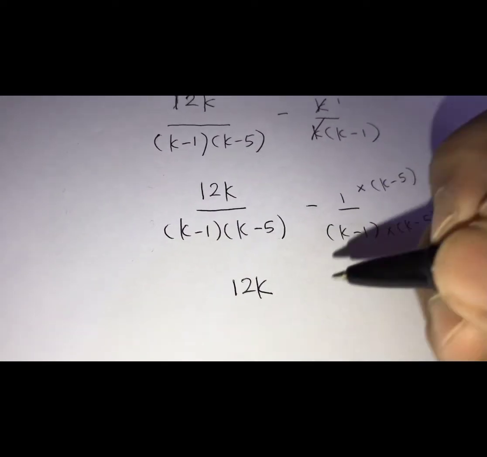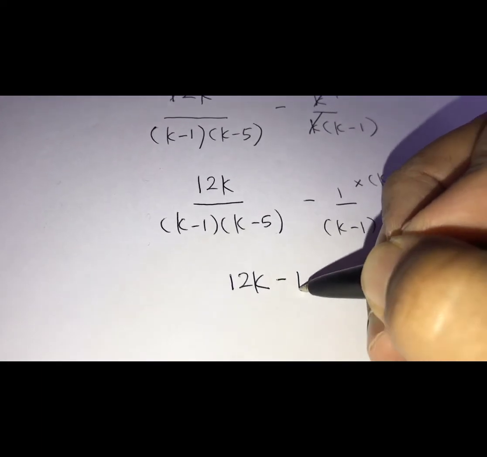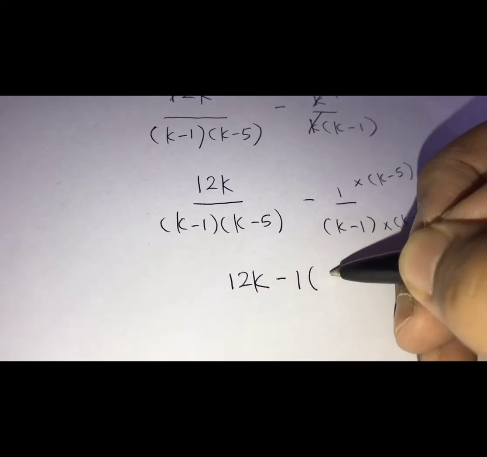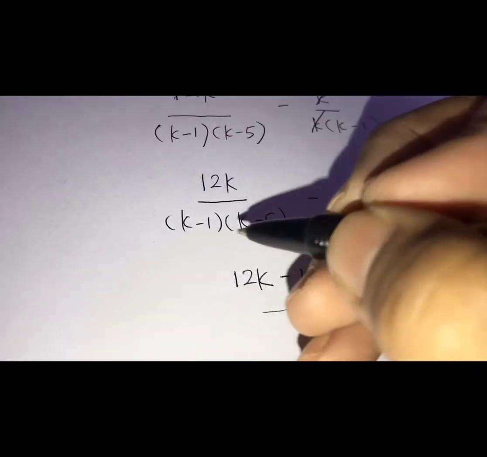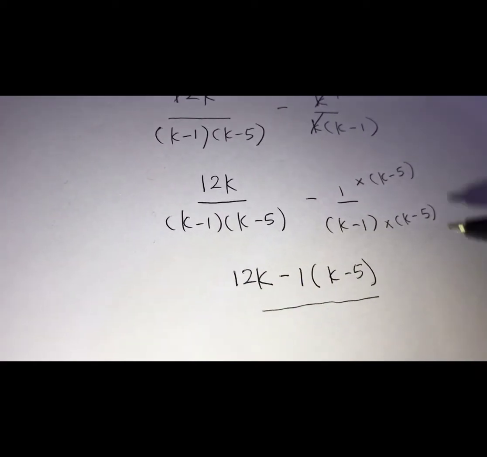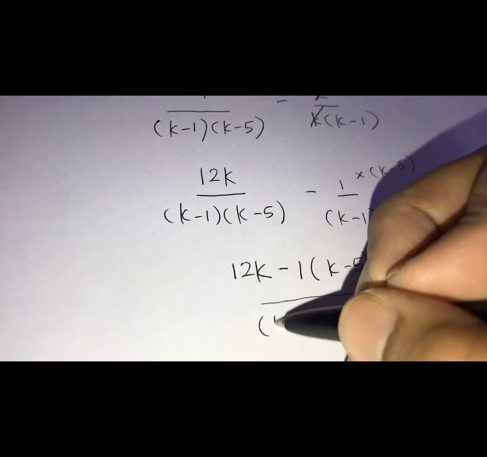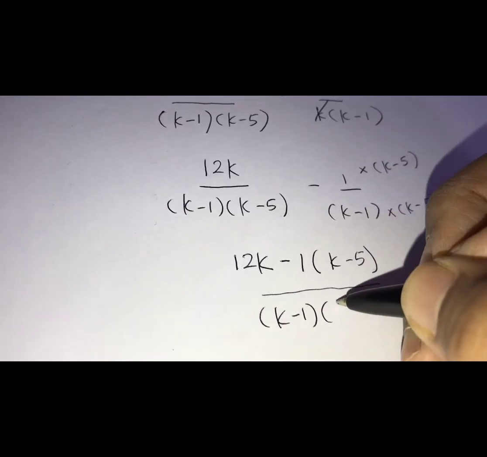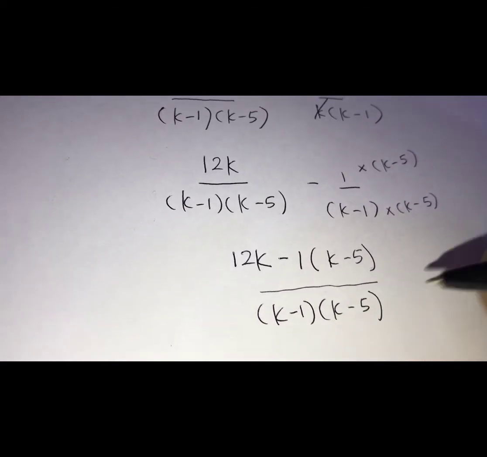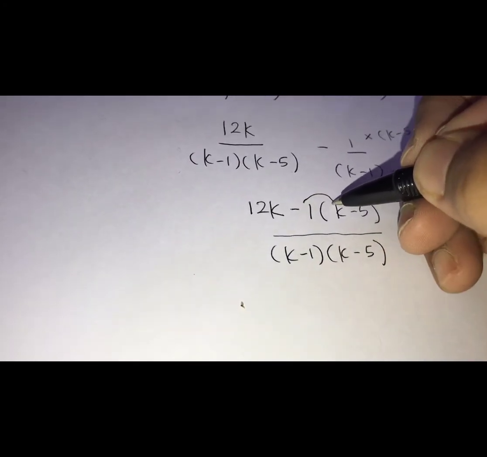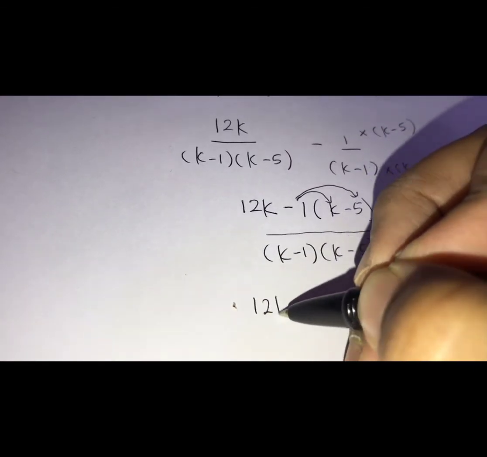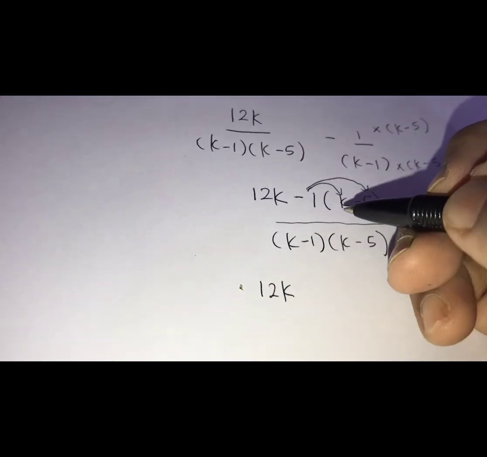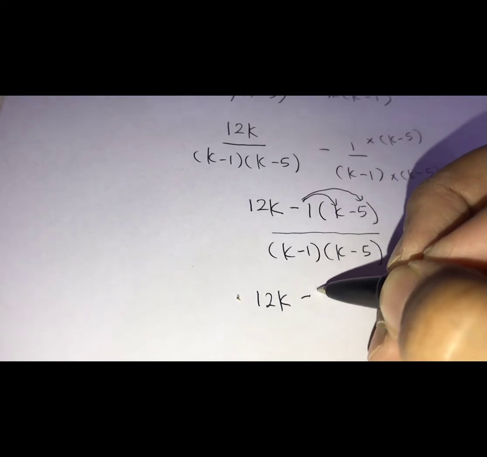Then you write 12k minus 1 open bracket k minus 5 over, copy this one, k minus 1, k minus 5. Then this one you expand. 12k, negative 1 times k, you get negative k.